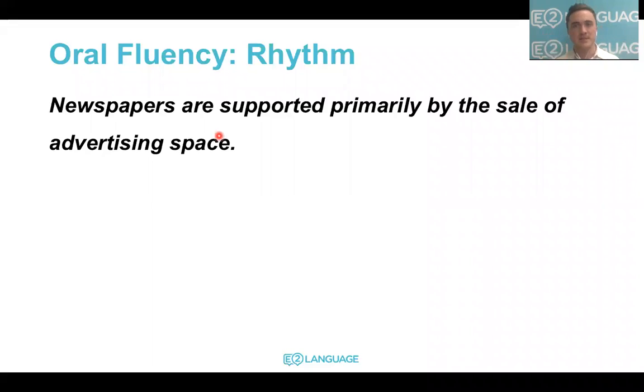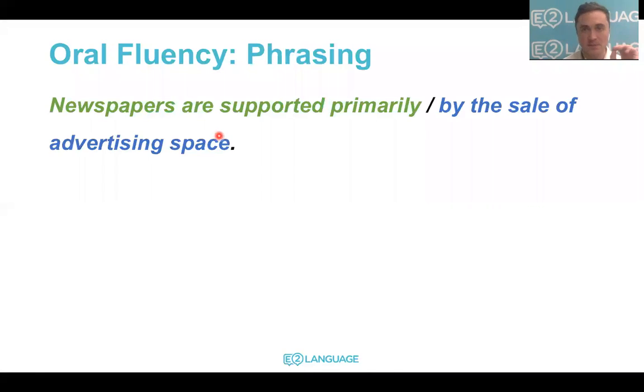For example, this is good rhythm. "Newspapers are supported primarily by the sale of advertising space." I have rhythm in my voice, and the sentence that you hear, copy the rhythm. Okay, we're going to look more closely at a technique in a second.